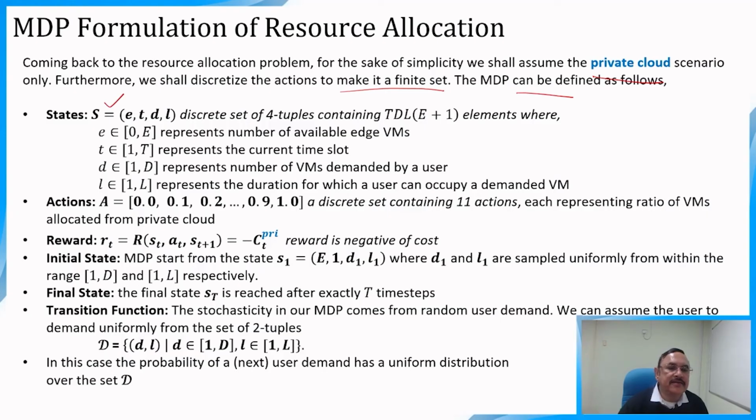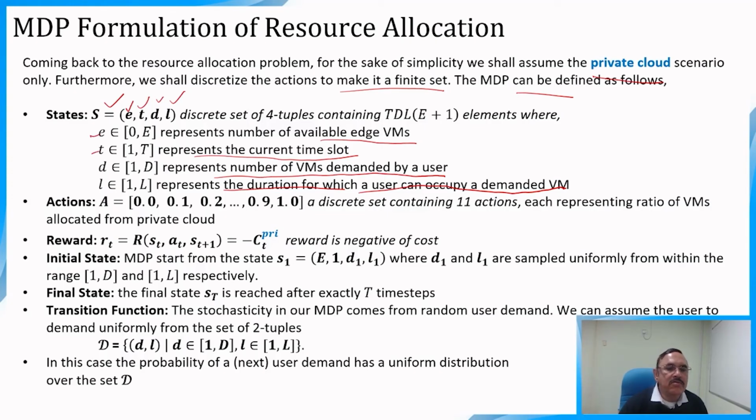So, with the states keeping E, T, D, L, that is the discrete set of 4 tuples, where E is drawn from 0 to E represents the number of available edge virtual machines, T represents the current time slot, and D represents the number of virtual machines demanded by the user, and L represents the duration for which the user can occupy a demanded virtual machine.